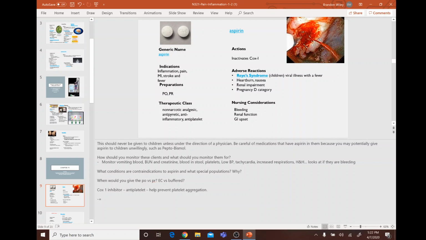What are we going to monitor in patients taking aspirin? Vomiting blood, BUN, creatinine, blood in stool, platelets, low BP, tachycardia, increased respirations, H&H. And children should not be given it unless under the direction of a physician because Pepto-Bismol has aspirin, if you didn't know that.